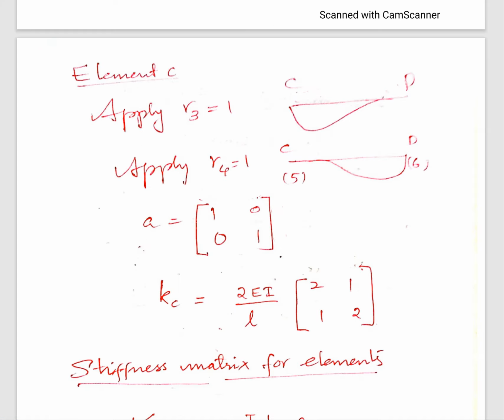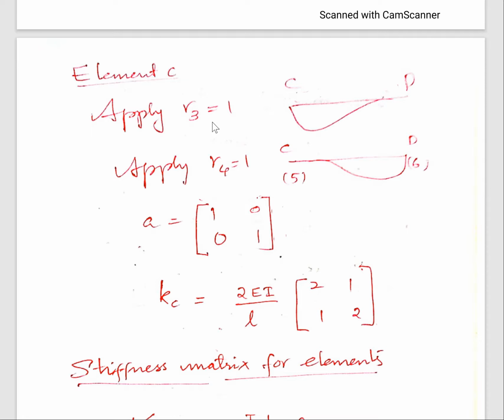Now moving to the third element. Third element is CD. So in the case of CD, we have two joints C and D. So the system displacements applicable to this element are R3 and R4. So we have to apply R3 equal to 1 to obtain the first column, then R4 equal to 1 to obtain the second column.